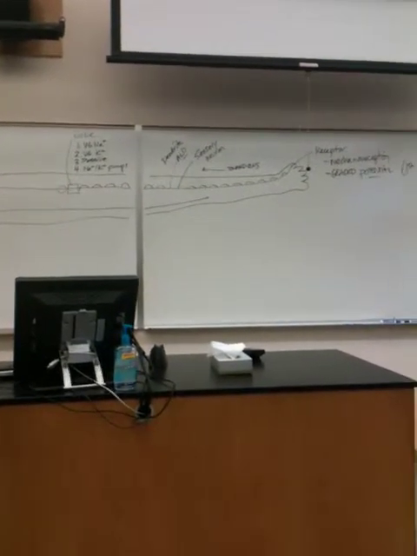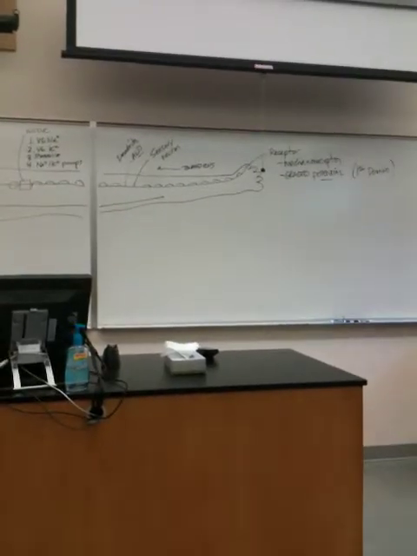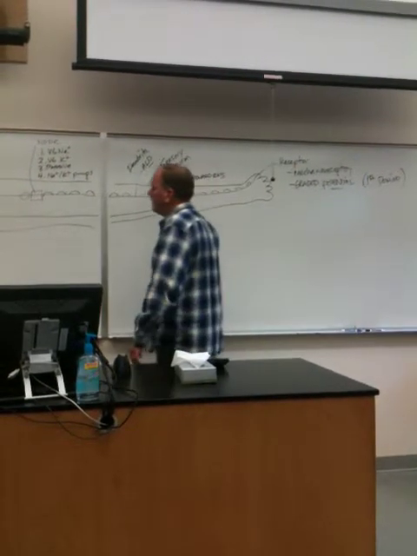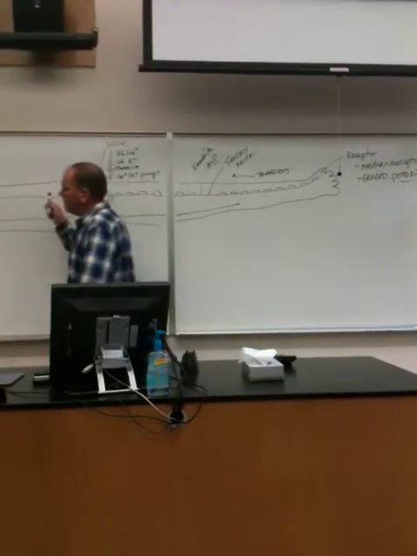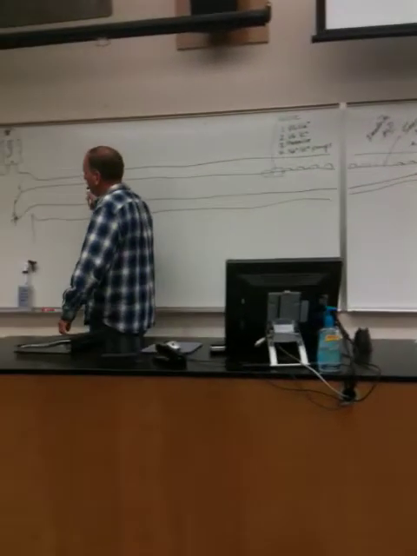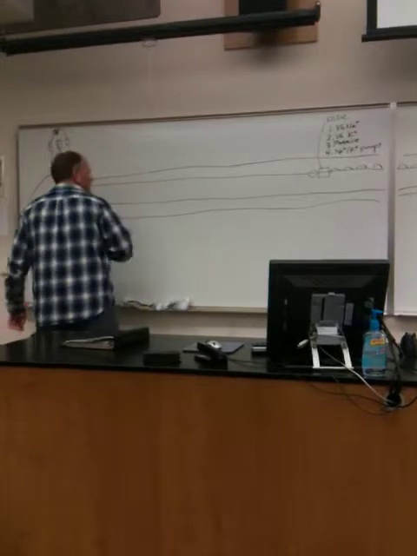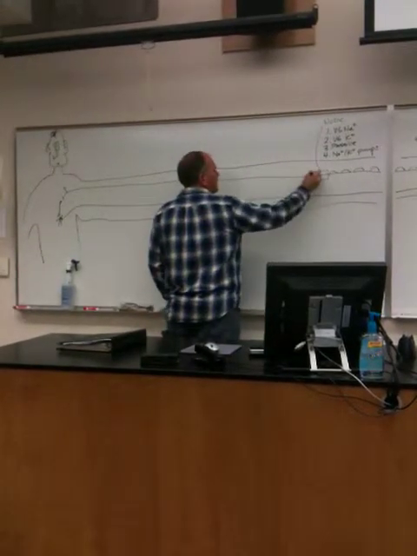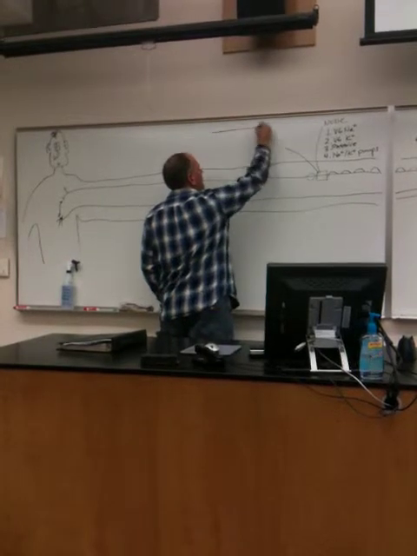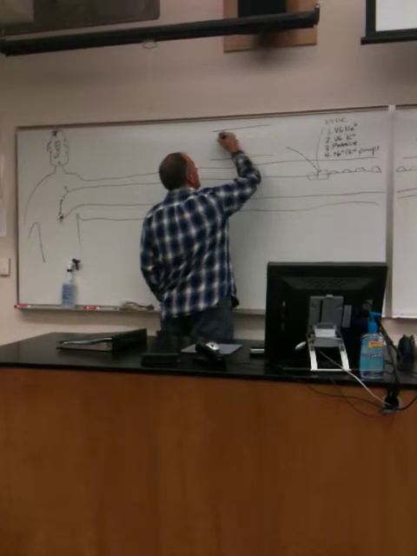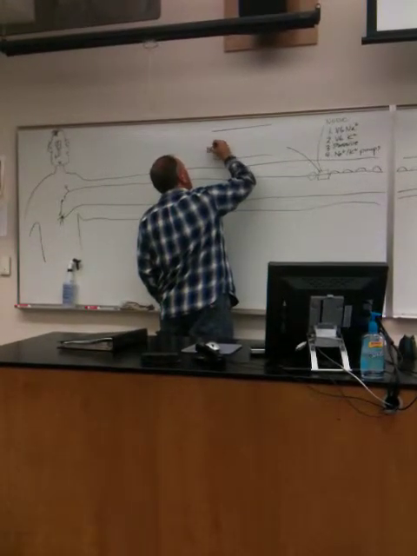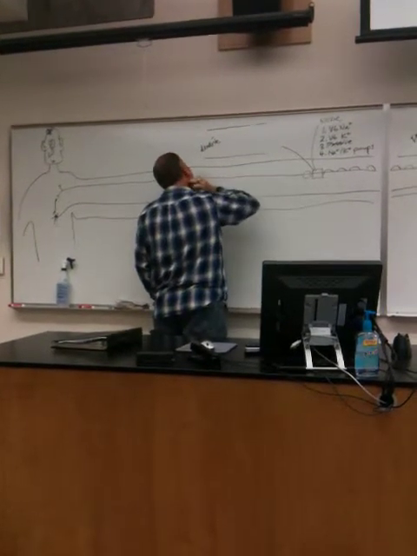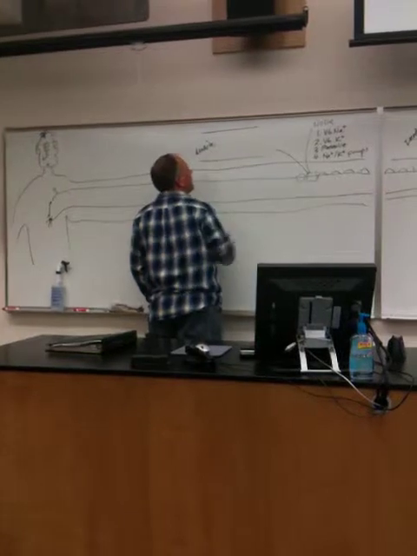And this is how we're able to propagate action potential and move the dominoes all the way down to here. If I expanded this section up here, and we called that the dendrite, what could you tell me about the ions on the inside versus the outside?